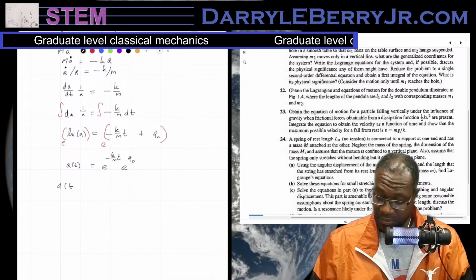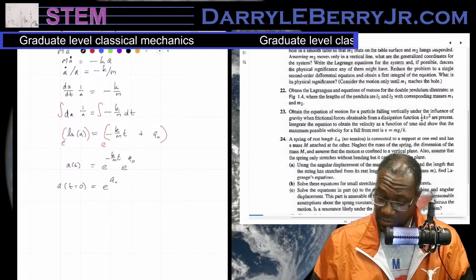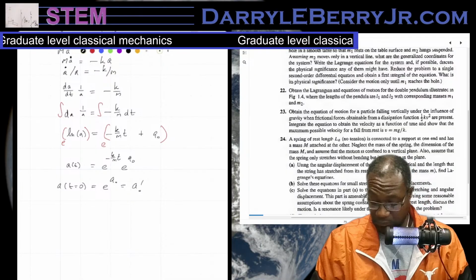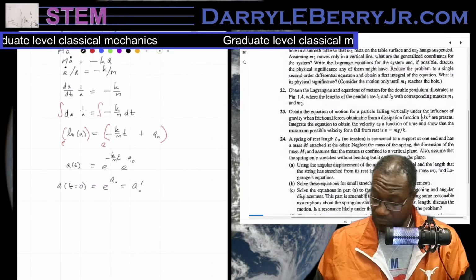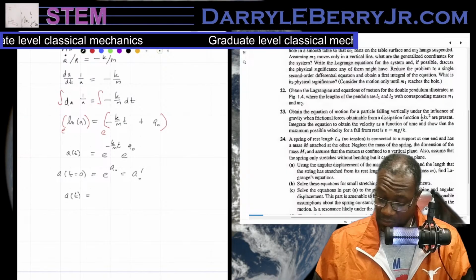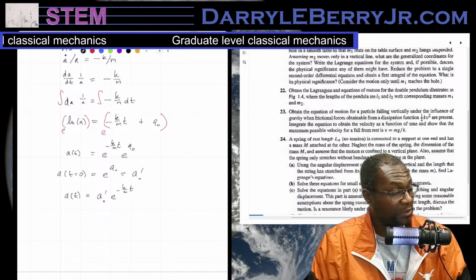So at t equals 0, a equals e to the a naught, and I'll just call this a naught prime. So the acceleration equals a naught prime e to the negative k over m t. We have an acceleration formula.